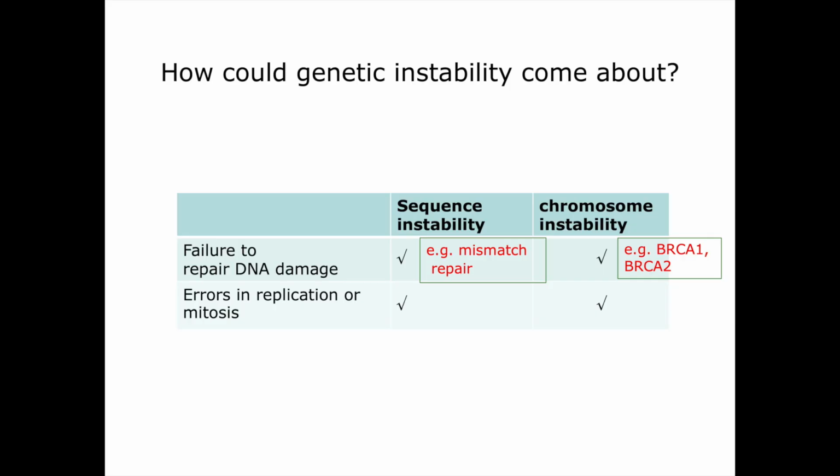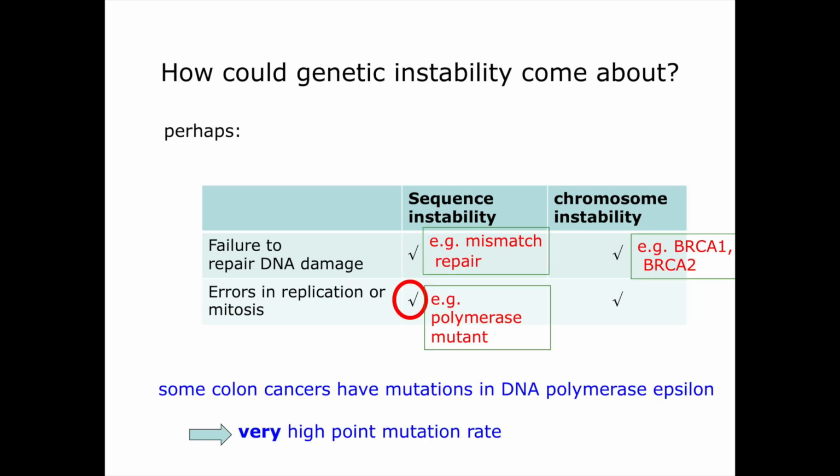But it's also clear that defects in replication and mitosis are important. For example, it's known that a small proportion of colon cancers, amongst others, have a defect in DNA polymerase epsilon, which is one of the DNA polymerases which is used to replicate DNA.